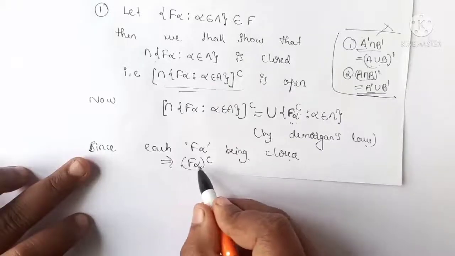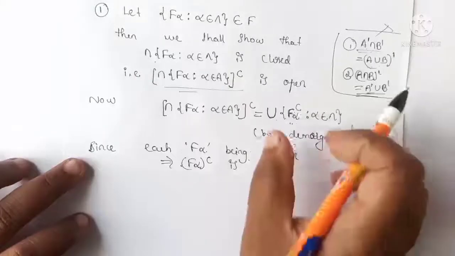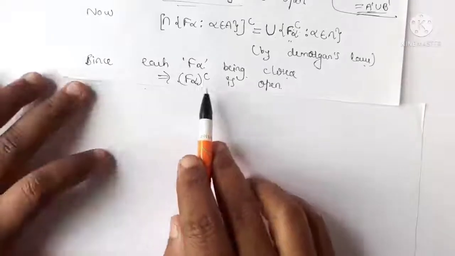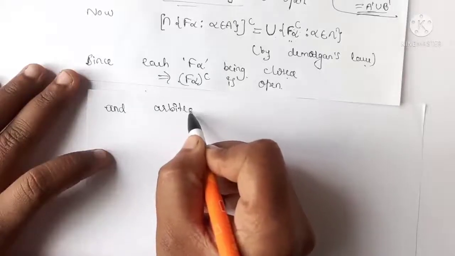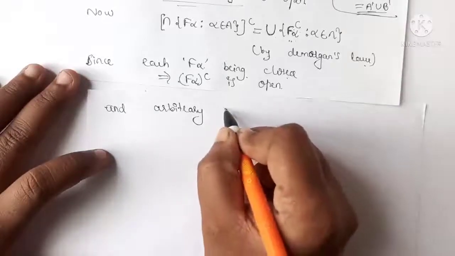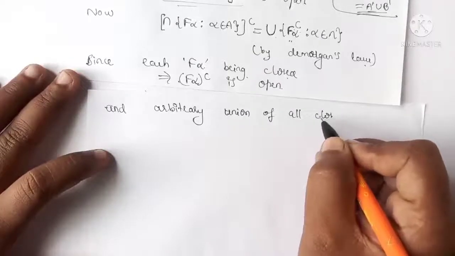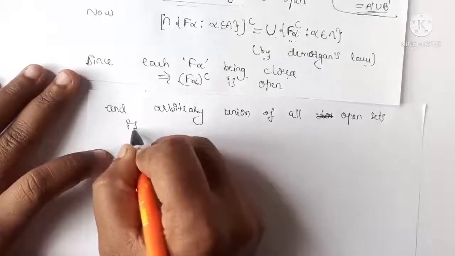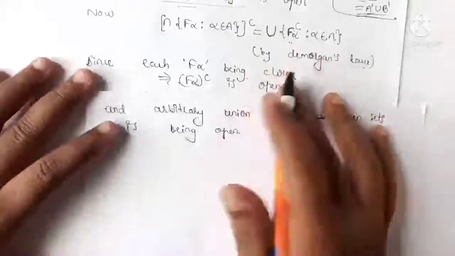So the F alpha complements are all open sets, and an arbitrary union of open sets is open. We can say that this is an open set.